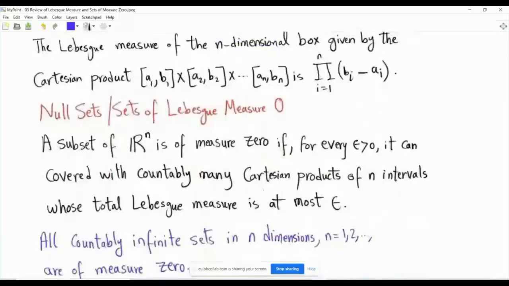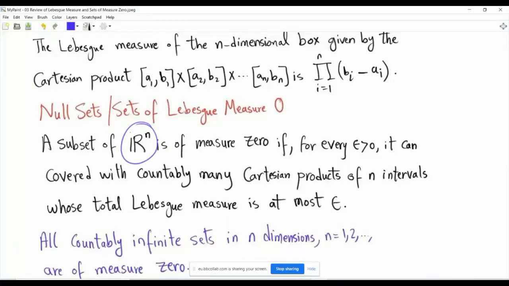And basically, we have subsets of R to the n that are called null sets, or sets of Lebesgue measure 0. Those are the subsets of R to the n, the n-dimensional Euclidean space, that can be covered by n-dimensional boxes whose volumes, or measures, can be made as small as we wish.